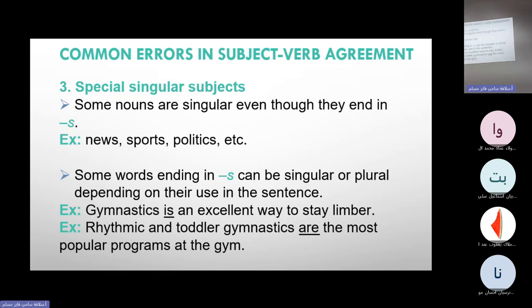If we said rhythmic or gymnastics, it would be is, but we combined them here, right? So it's rhythmic and gymnastics are. So these are little things, okay? But they divide a good editor from a newbie editor.